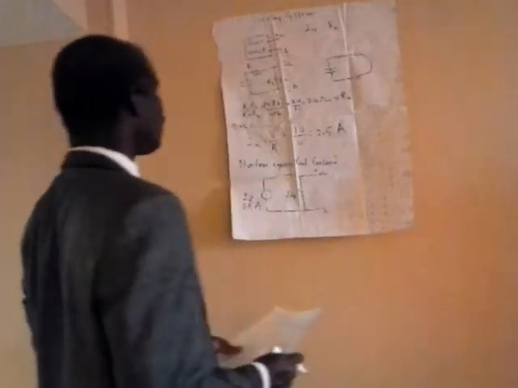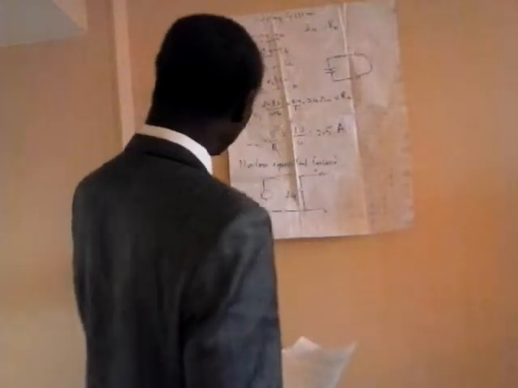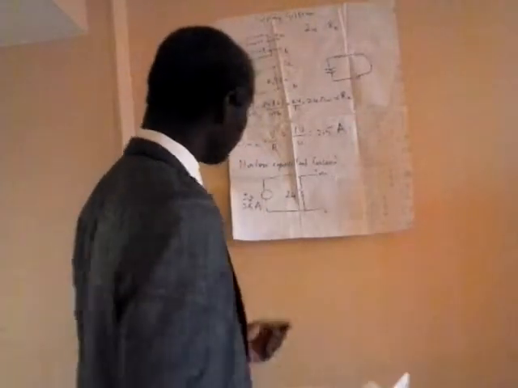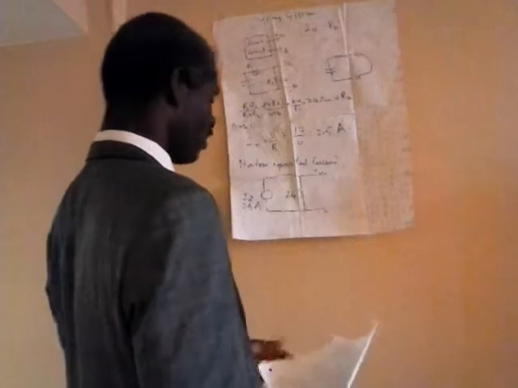In comparison with the Thevenin equivalent circuit, in which we replace it with a Thevenin voltage in series with a Thevenin resistance, here you replace it with a current source in parallel with a Norton resistance.